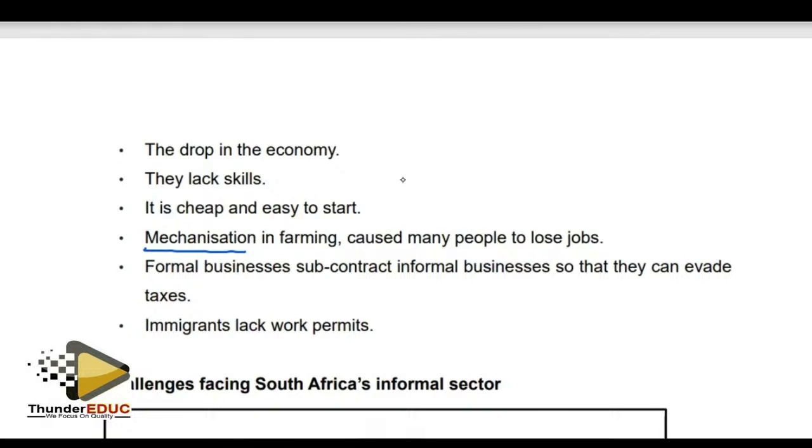And immigrants who do not have work permits also resort to these businesses to survive, because formal businesses, like we mentioned before, would require them to be compliant with the immigration laws. All right.